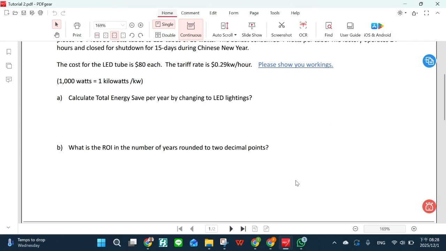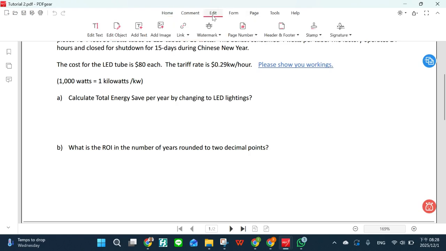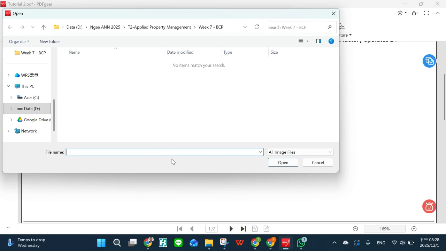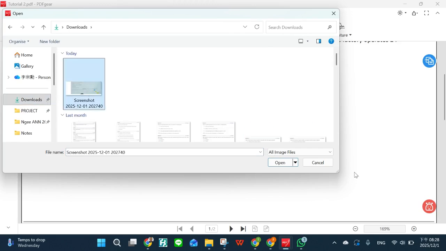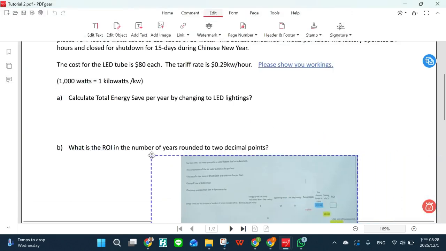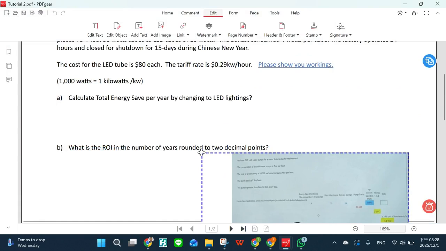Per year, the easy way is times 365. So very clear cut, you have 13,140 kilowatt hours of energy saved per year. Now you want to know how much you save.